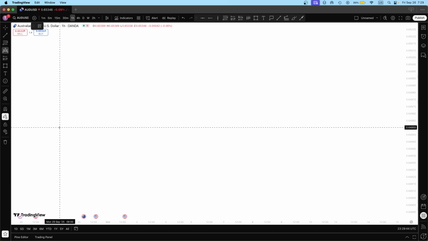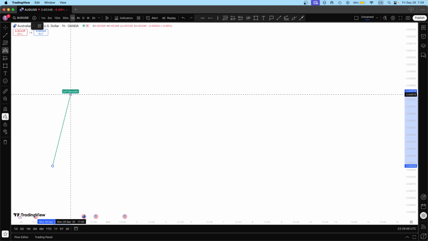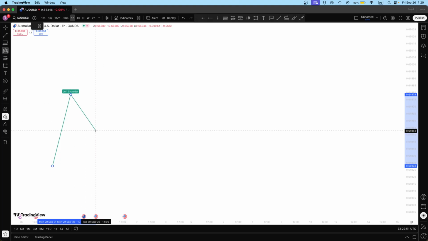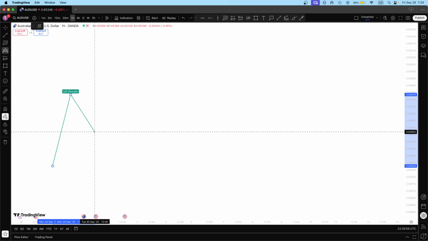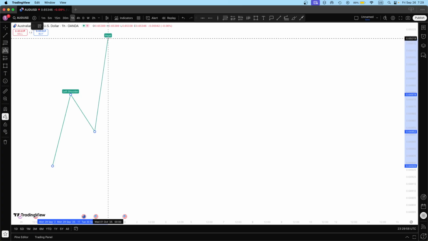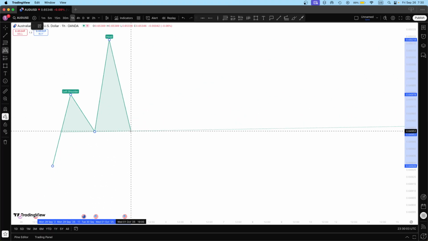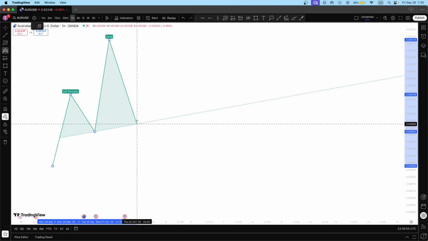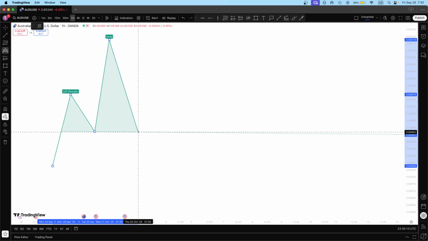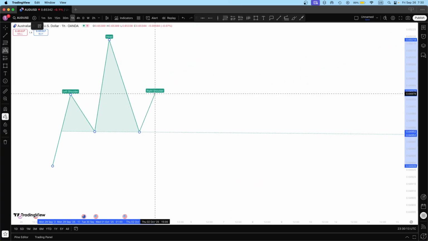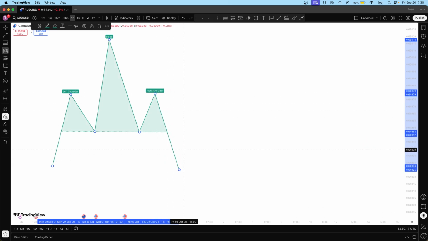How it works is there will always be that one point for the left shoulder, and then a slight retracement, and then it advances very high up and then drops to around the same area. It can always change the area, but let's keep it simple. We keep it here, and then this will be the right shoulder, and then drops.